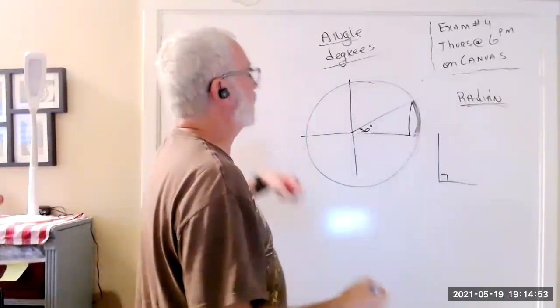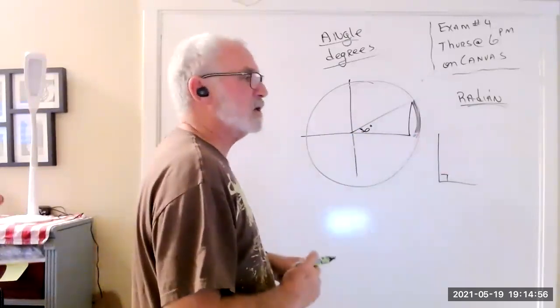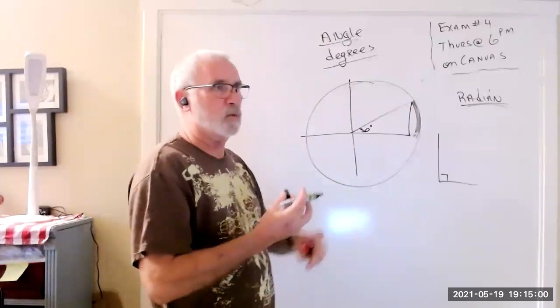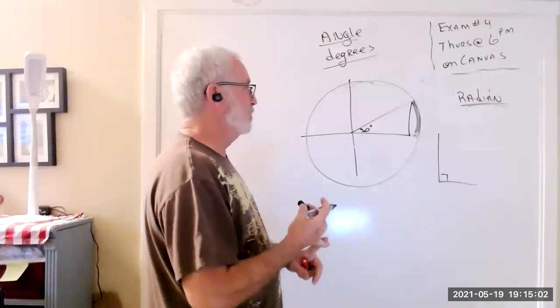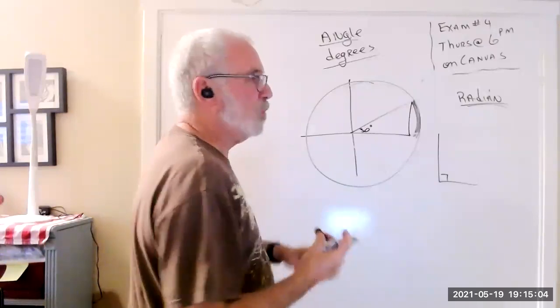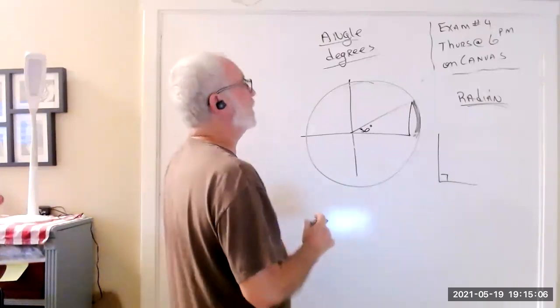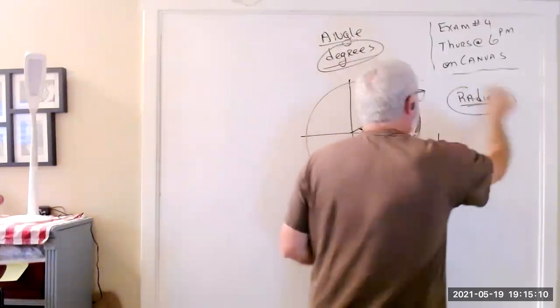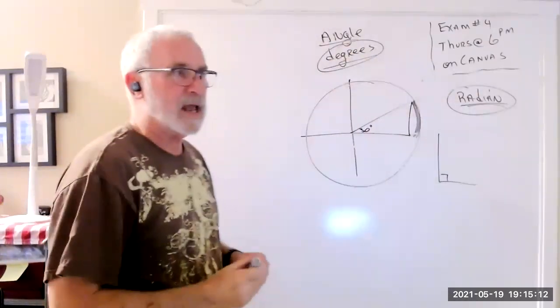I don't want to go into too much detail because, number one, I don't want to teach you trig. You've got enough trouble worrying about Math 96 right now. But I do want to give you just a little bit of heads up. There is more than one way to describe an angle.